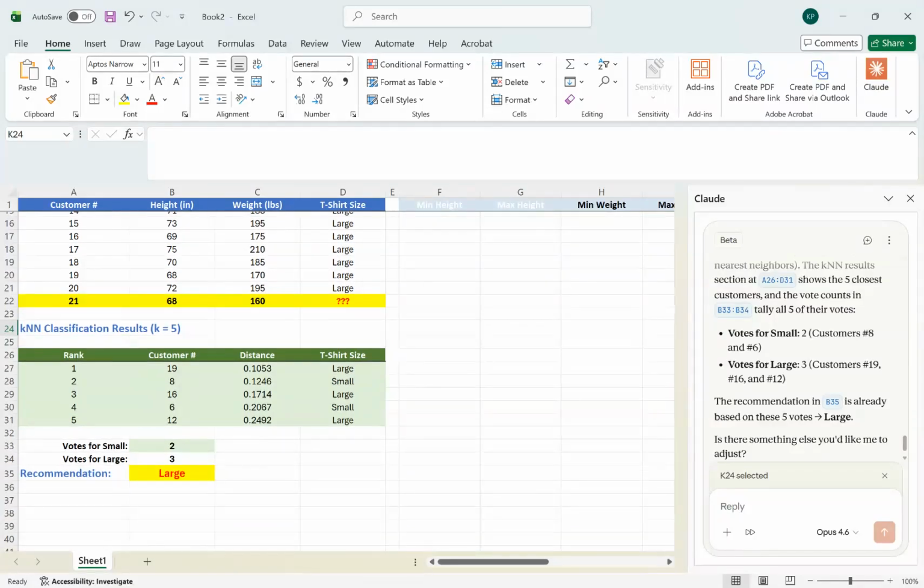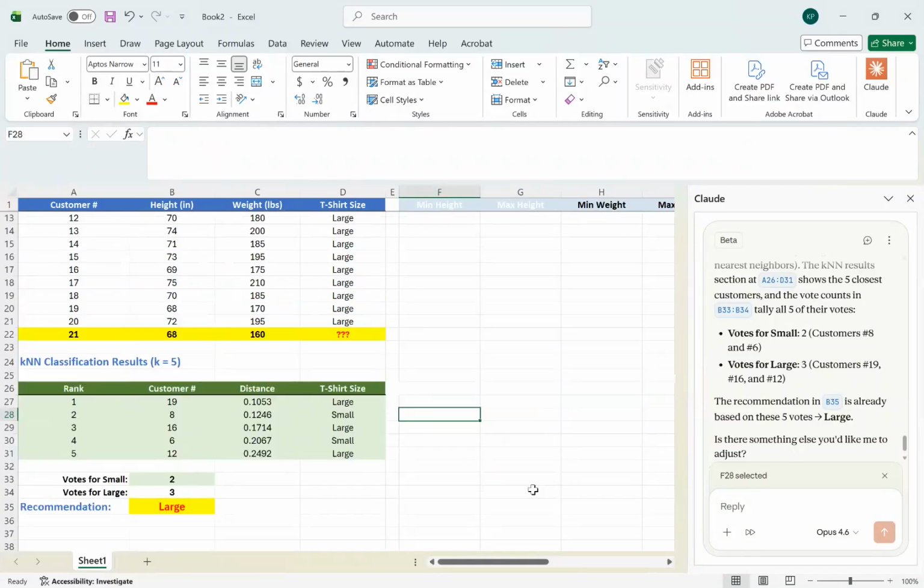Basically, customer number 19 here is closest to customer number 21 based on the distance Claude calculated for all the customers. And in these five nearest neighbors, notice that the majority bought large, and that's why it made a recommendation for customer number 21 as large.